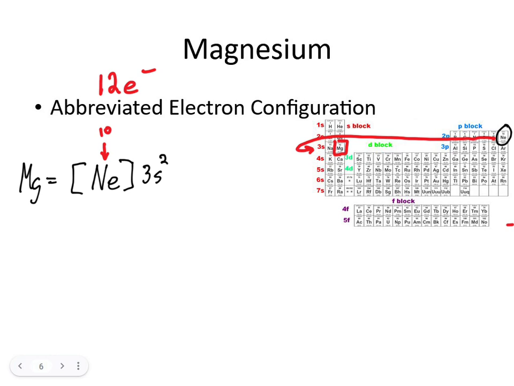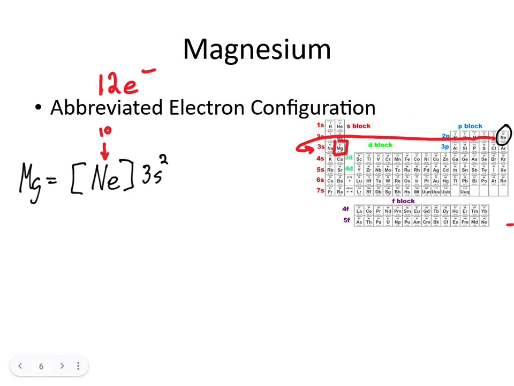All right, what other questions do you guys have? Yes. Okay, so you're trying to find magnesium, right? Right, yes. So neon is just like a placeholder? Exactly. Yes, that's exactly what that is.